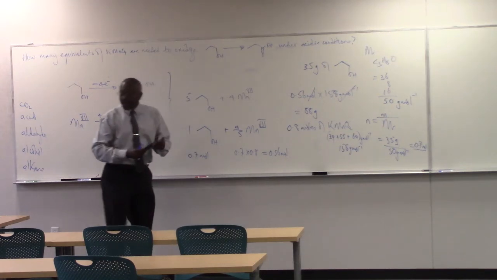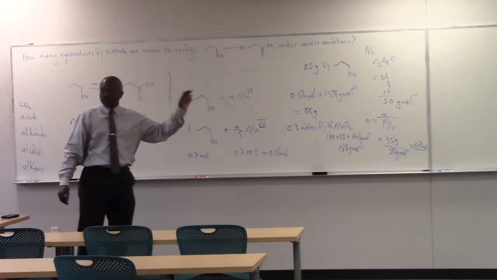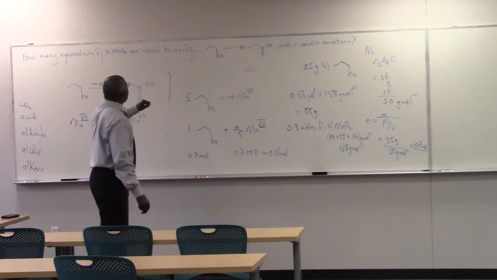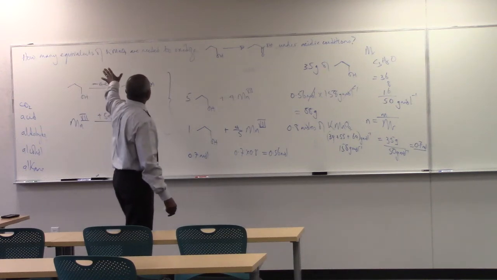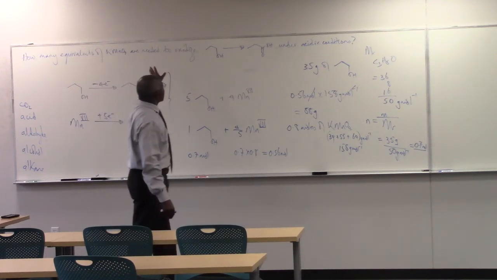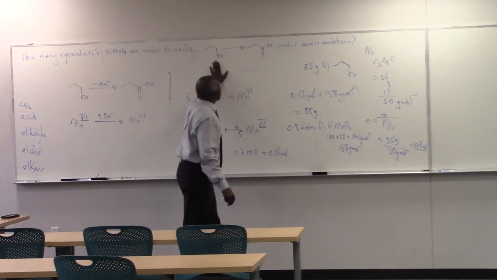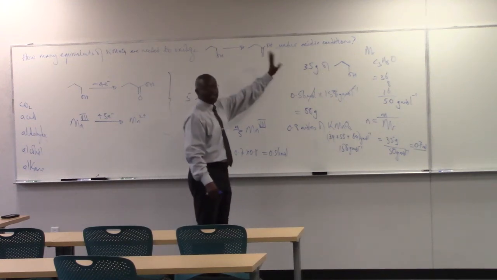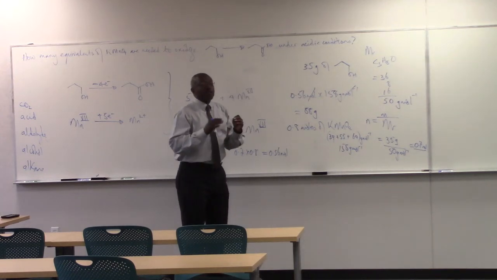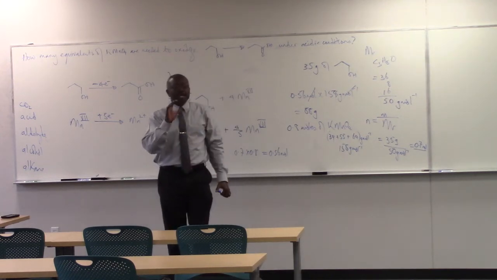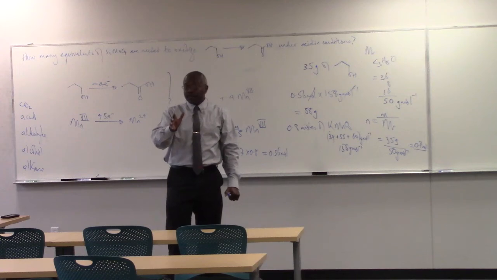So let's just be clear how this happened. The question originally was, how many equivalents of potassium permanganate do I need to oxidize the alcohol to the carboxylic acid under acidic conditions? So I first want to figure out what has happened to the organic compound.